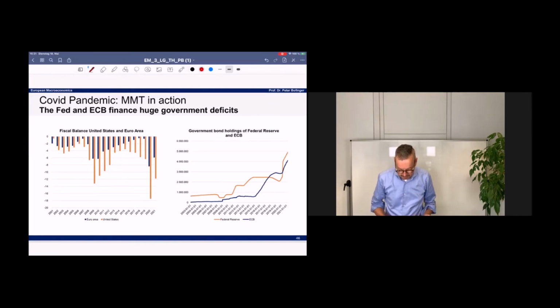And you can see how unusually high the fiscal deficits of the United States have been in 2020, and they will also be very high in 2021, even compared to the very high levels of deficits after the financial crisis in 2008, 2009. So it's really a huge stimulus provided by the US government.